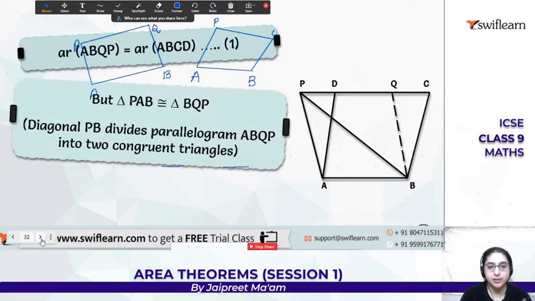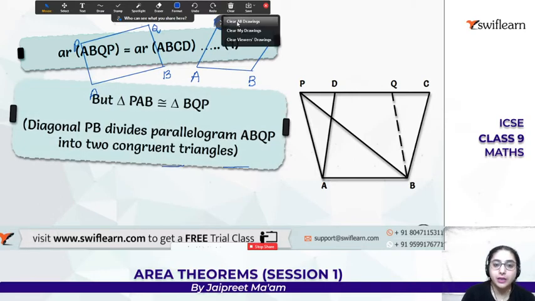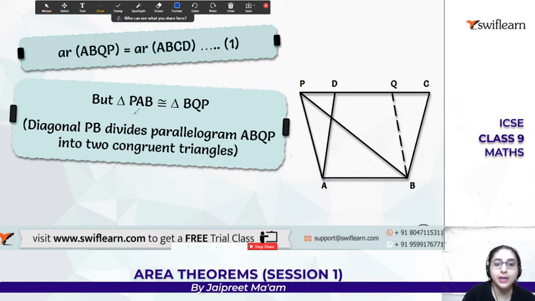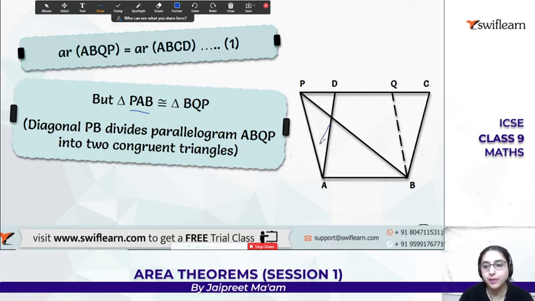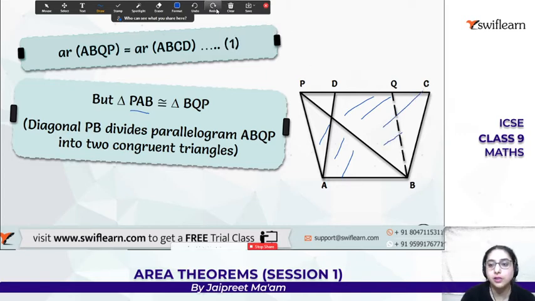We will put it as equation 1. Now the triangle PAB is congruent to the triangle BQP, this triangle, not C. We will not include the C part, so only this triangle.